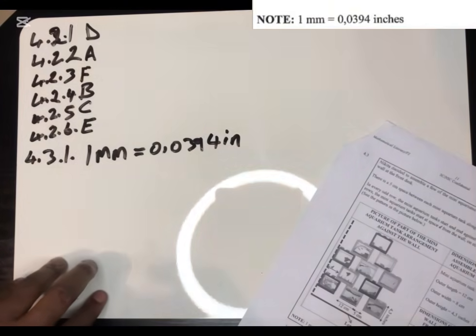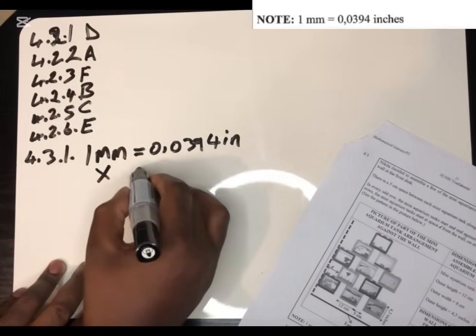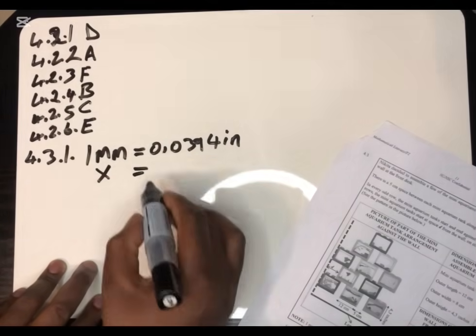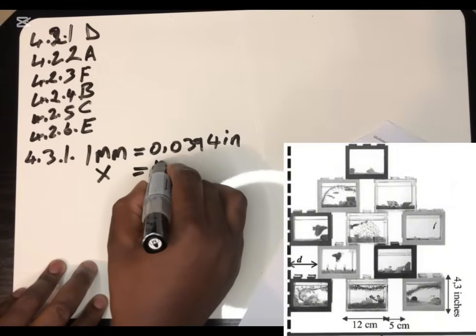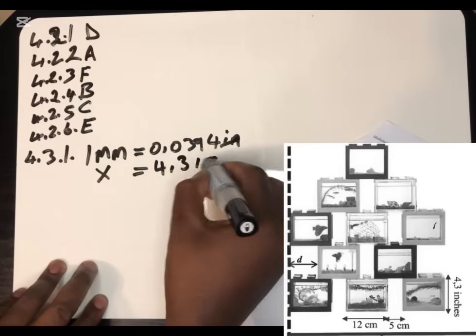We are converting from inches to millimeters. We write x millimeters equals the inches. The height is given in inches, which is 4.3 inches. The inch and inch will cancel.